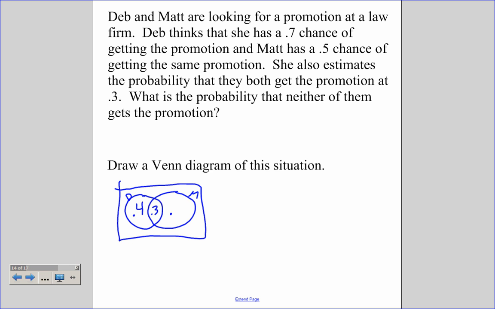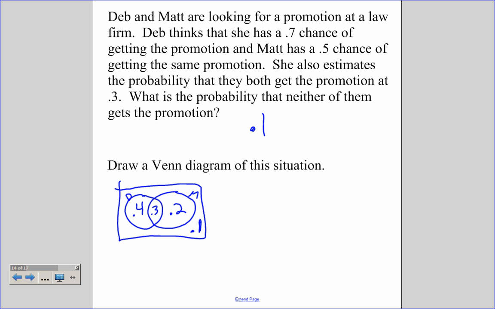And the probability that Matt gets a promotion and she doesn't is going to be 0.2, because his has to add up to 0.5. So now if we add all of these up, 0.4 plus 0.3 is 0.7, plus 0.2 is 0.9. So outside is going to be 0.1.